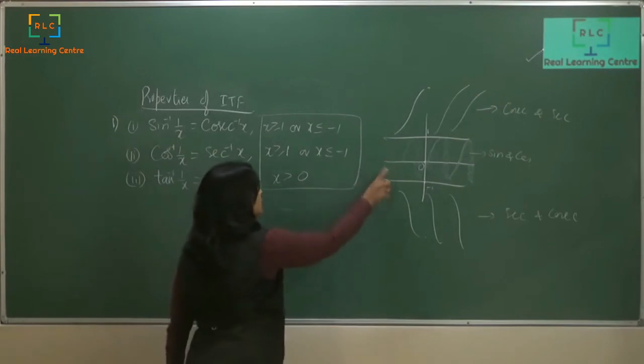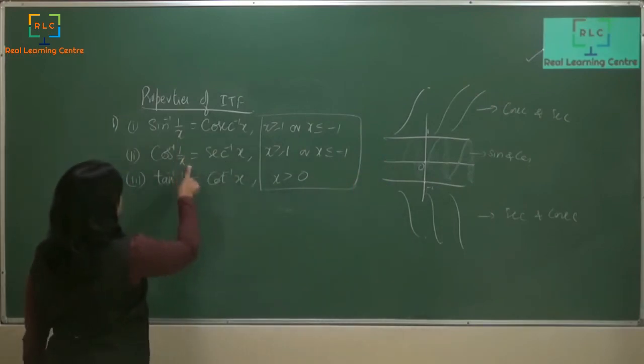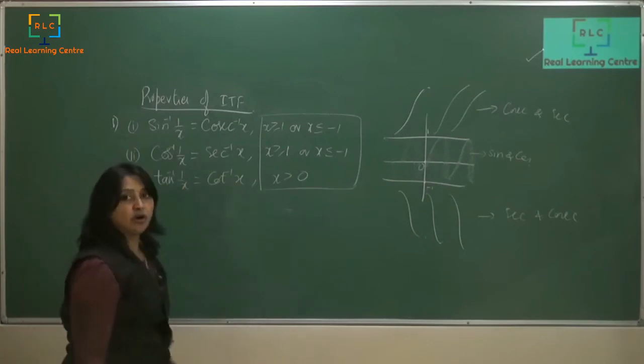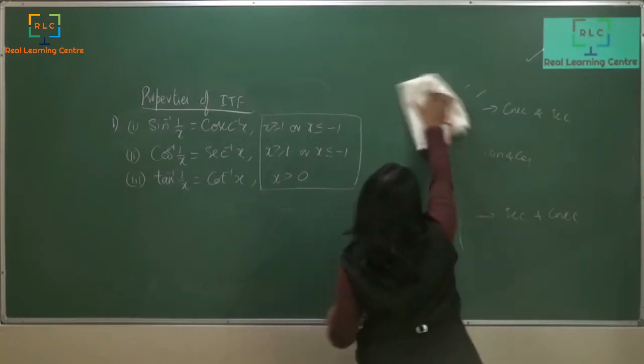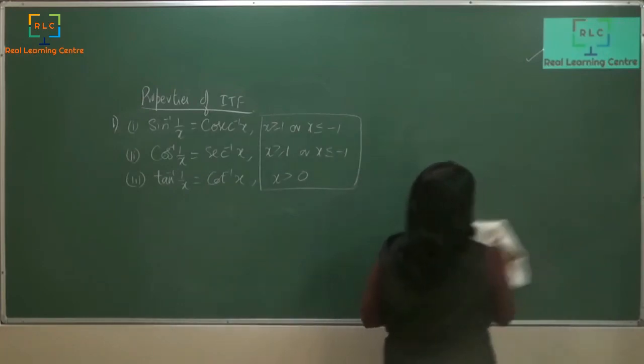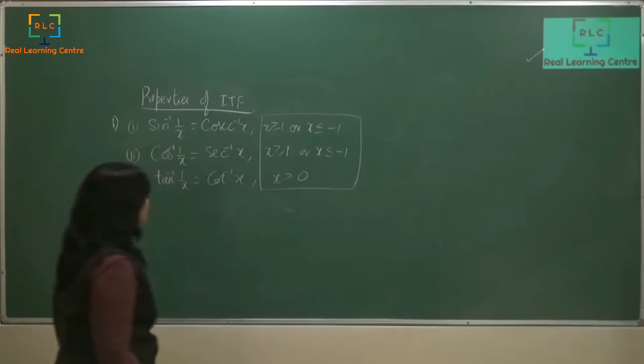In between it does not exist. The same thing with cos inverse 1 by x and secant inverse x. For tan inverse 1 by x and cot inverse x, all non-zero positive numbers hold good for this equation.